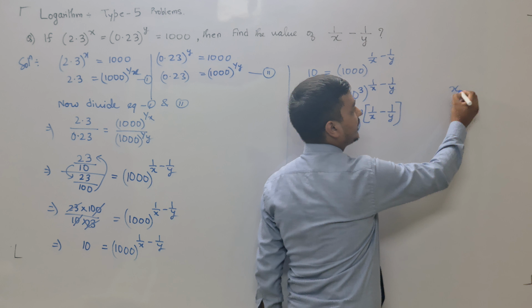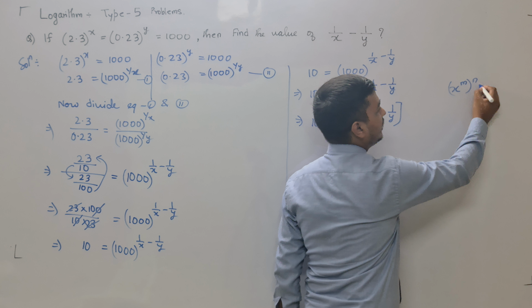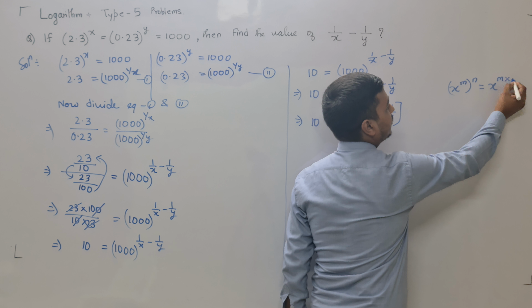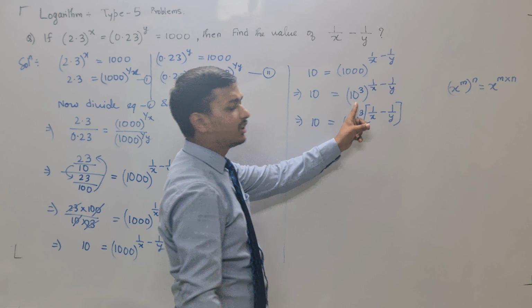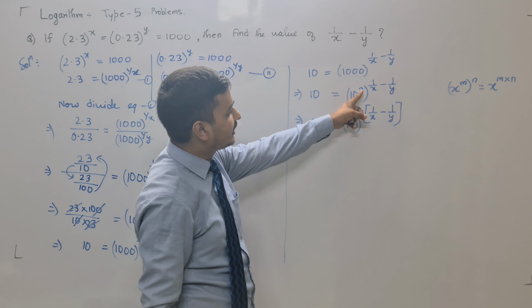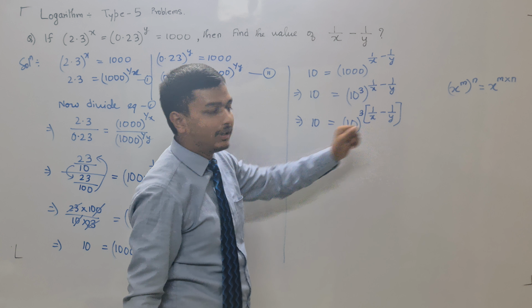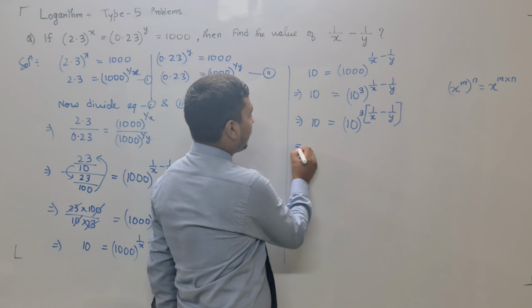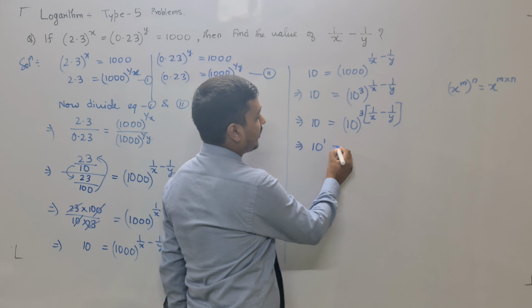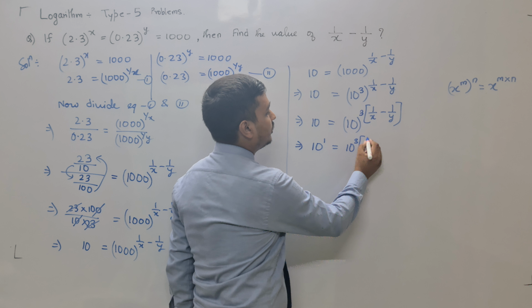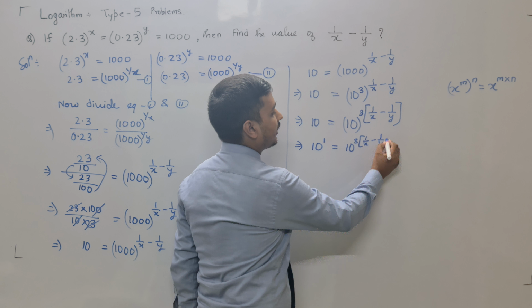I think you have remembered this exponential rule. Here also I got the same 10 power 3 into this entire number. So 10 power 1 equals 10 power 3 into 1 by x minus 1 by y.